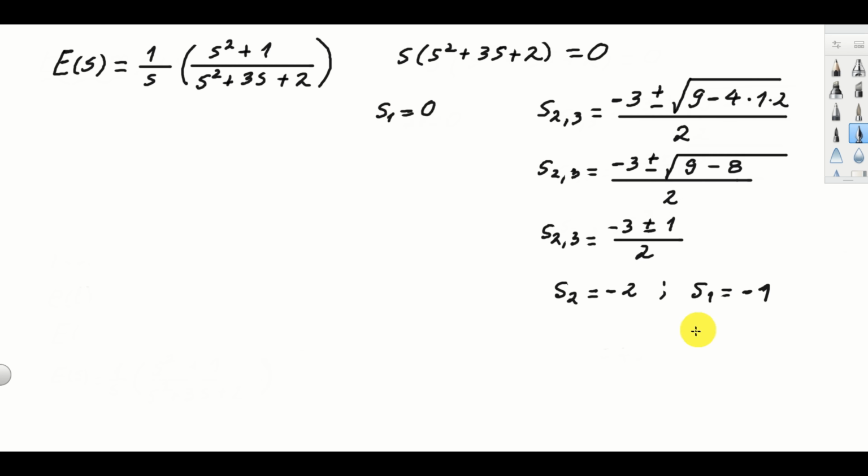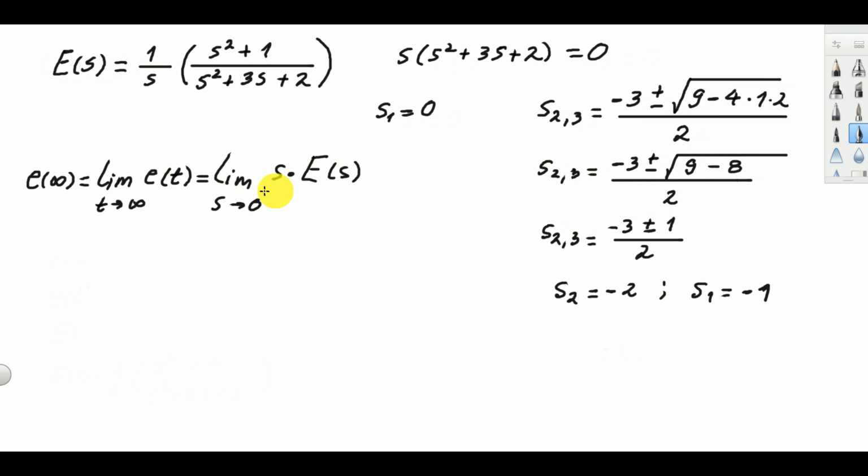So here are the poles. They are 0, minus 2, and minus 1, and we can observe that the main conditions for applying the final value theorem are satisfied. So we can write e in the time domain at infinity is equal to the limit value when time goes to infinity, e of t, and this is equal to the limit value when s goes to 0, s multiplying capital E of s.